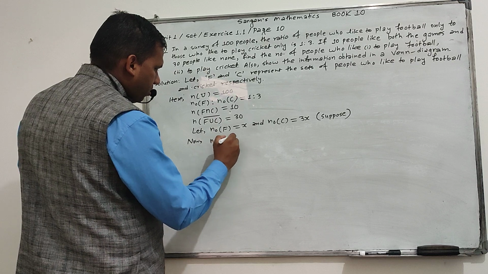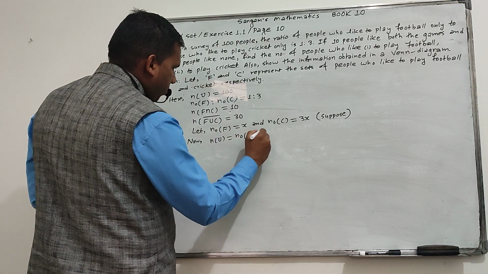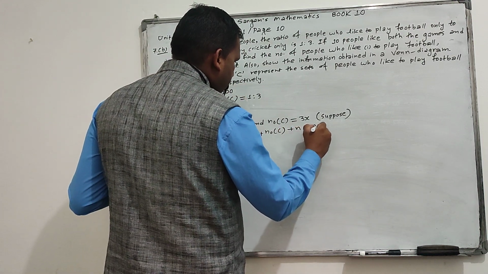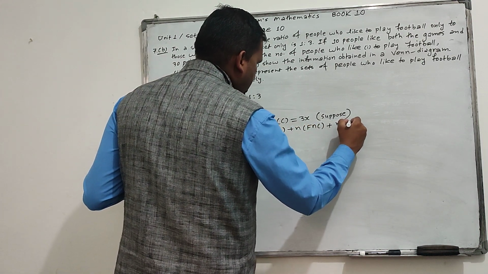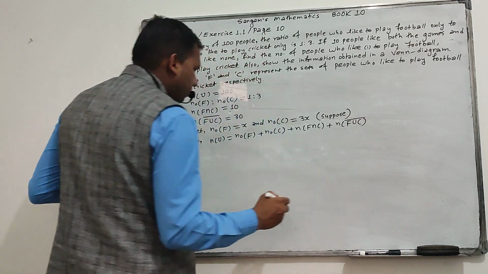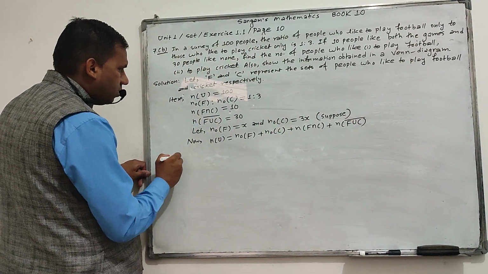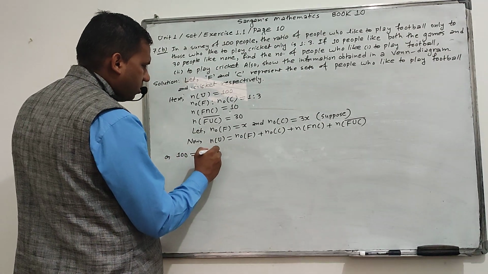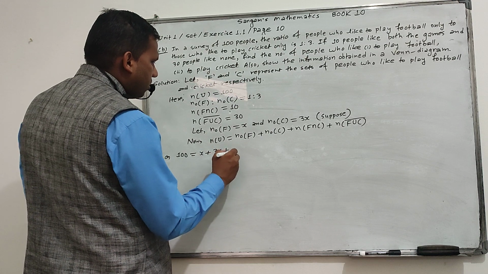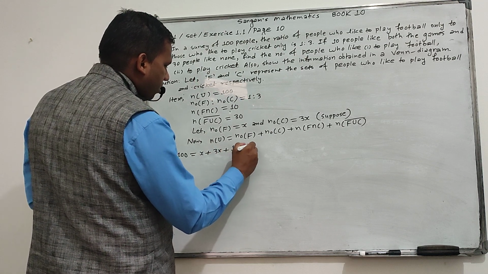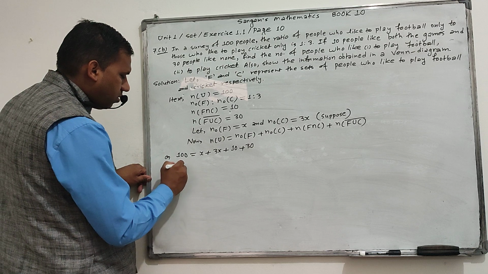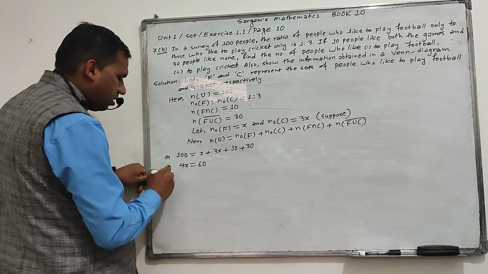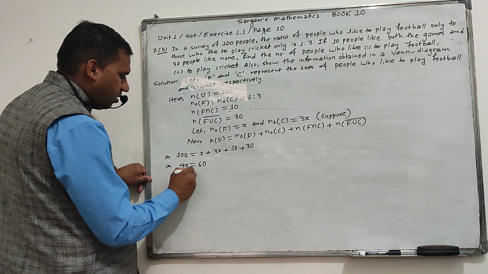Number of U equal to n naught F plus n naught C plus number of F intersection C plus number of F union C whole complement, or n U is 100 equal to x plus 3x plus intersection data 10 plus complement 30, or 4x equal to 100 minus 40, that is 60. Therefore, x equal to 15.